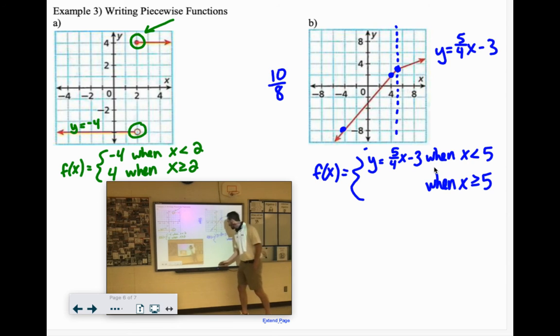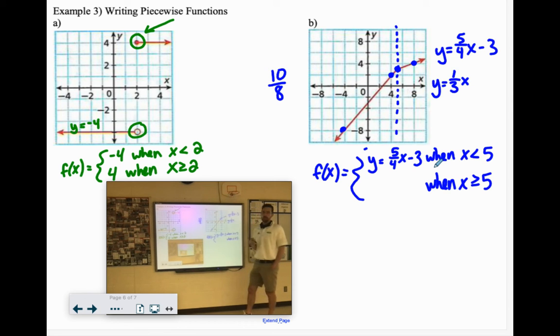And then as soon as it hits 5, we need a new equation here. So the slope, let's see, this is going from 3 to 4. So that's up 1 over 3. So the slope of that one is going to be 1/3. Now we don't know what the y-intercept is, but we can trace that back.